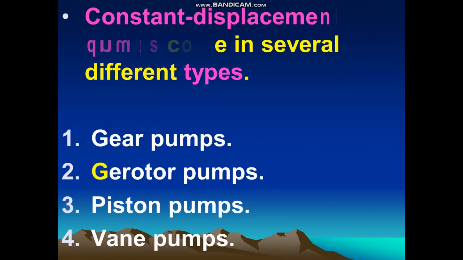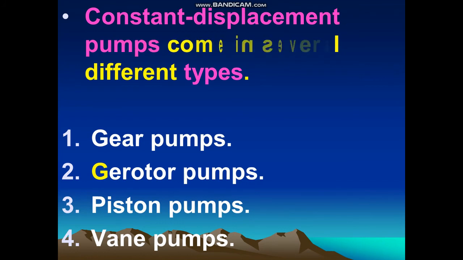Constant displacement pumps contain several different types. The first type, gear pumps. The second type, Gerotor pumps. The third type, piston pumps. And the last one, vane pumps.